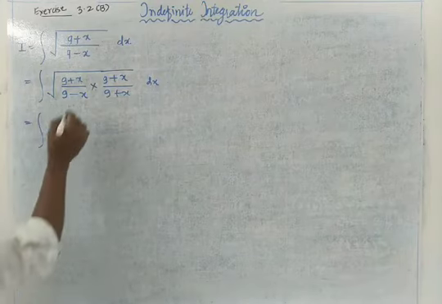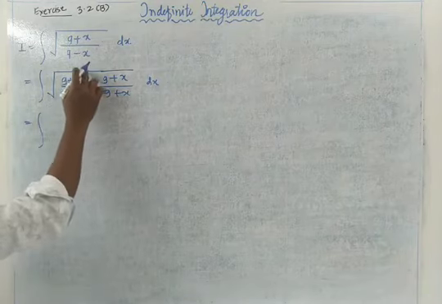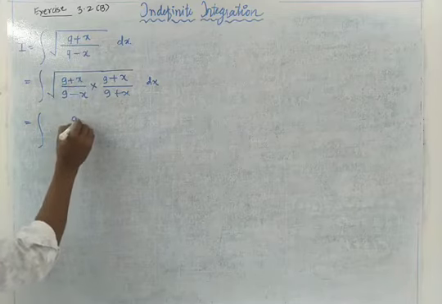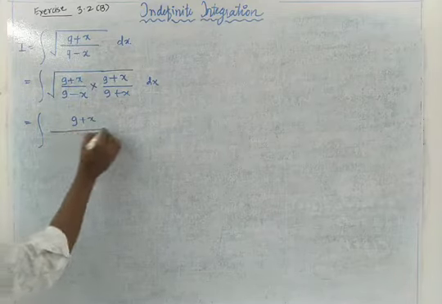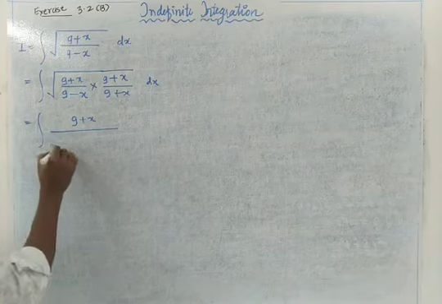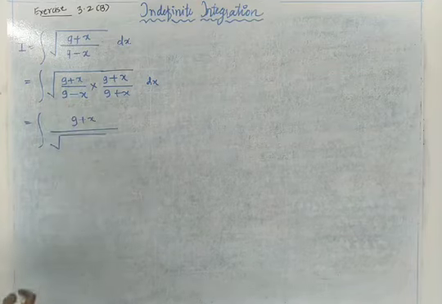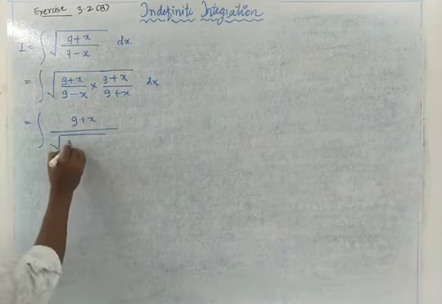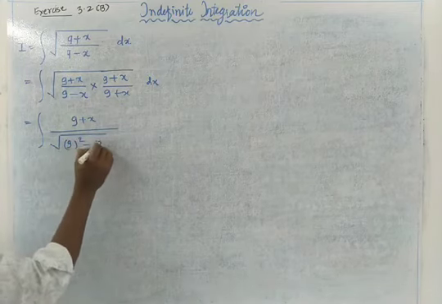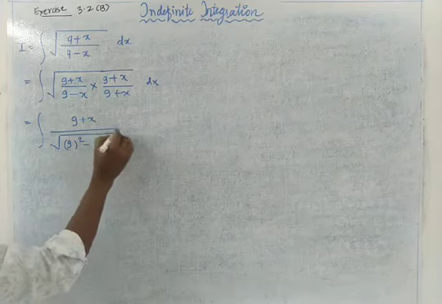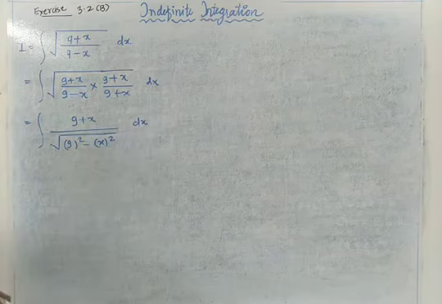So what will happen in the numerator? 9 plus x bracket square, and the bracket square and root will cancel, leaving 9 plus x. And the denominator under root is a minus b times a plus b, and a minus b times a plus b is a square minus b square, dx. Get that?